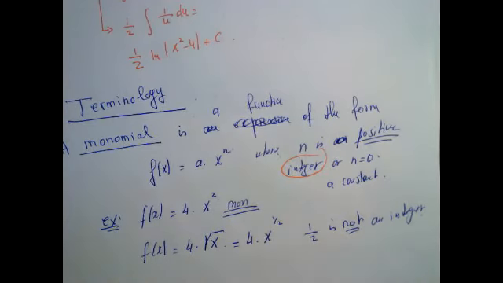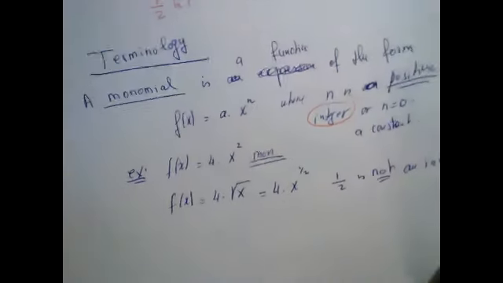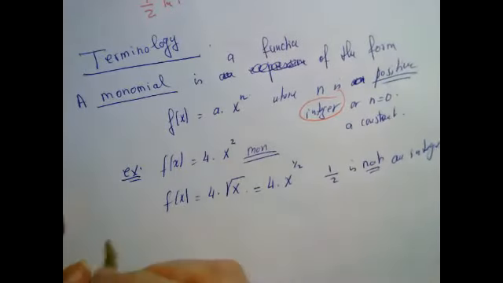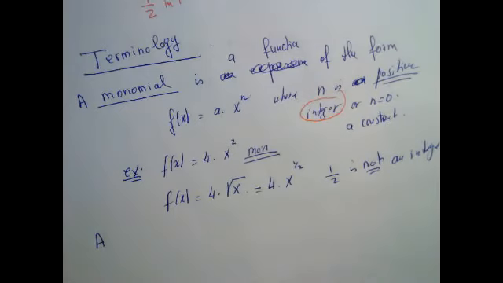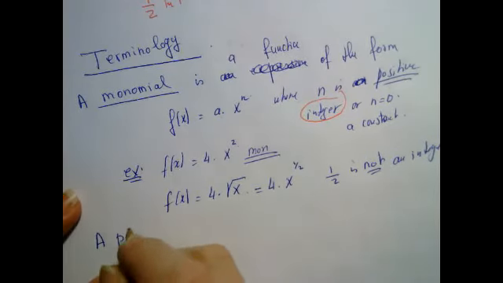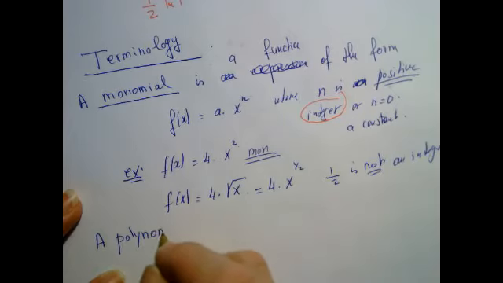That's a typical monomial. Now, what's a polynomial? A polynomial is a sum of monomials. We have to know exactly what the word polynomial means. Poly means many.